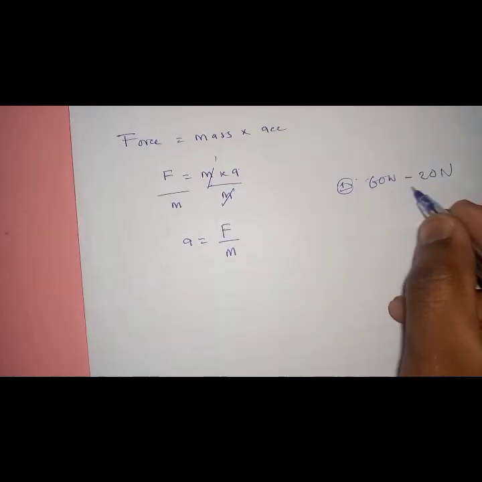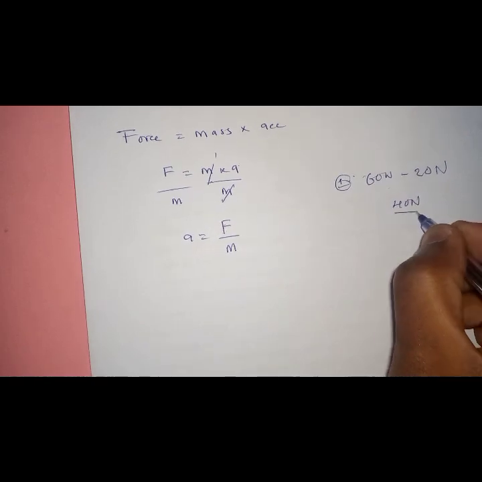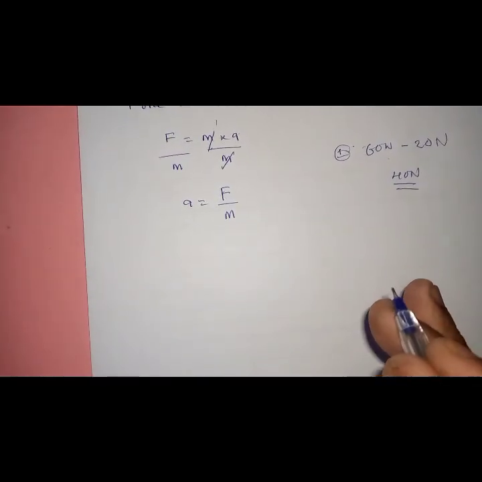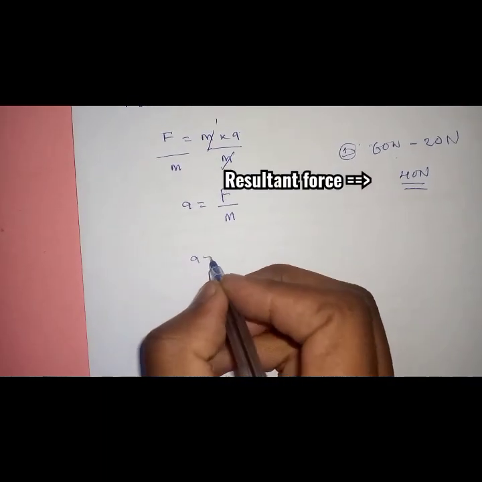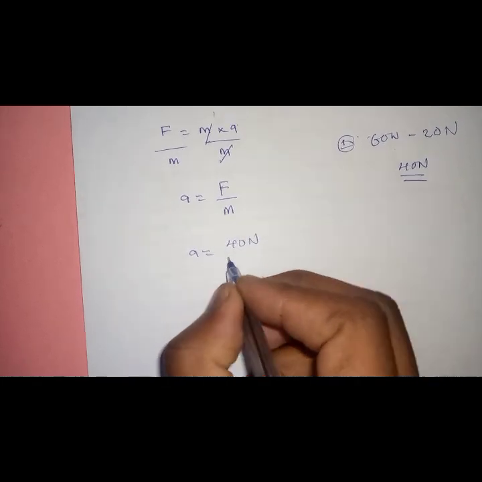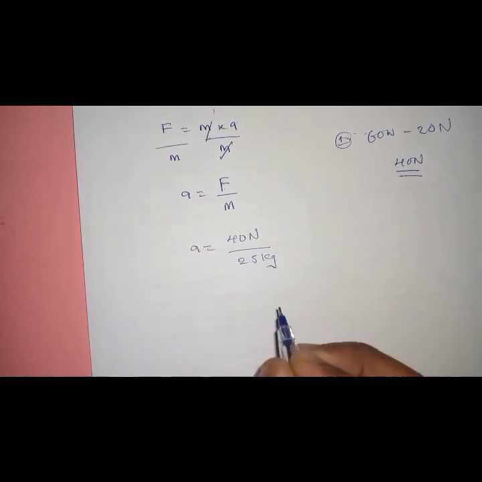So we have 60 minus 20, which gives 40 newtons. That's the difference between 60 and 20. So acceleration is equal to 40 newtons over 25 kg, our mass.